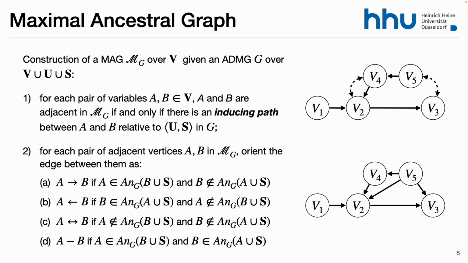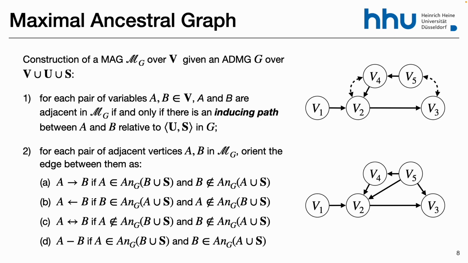So if we add V4, we open this thing, and we would have to add V5. So that's open, and you see that's a descendant of this collider, so this collider is open again.